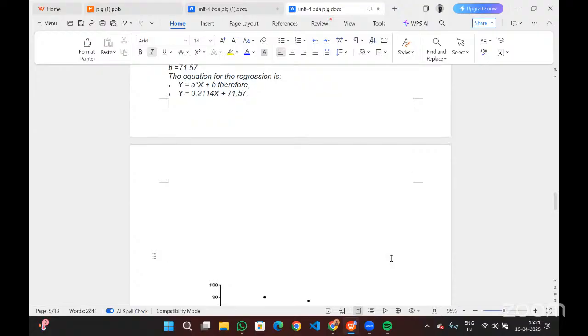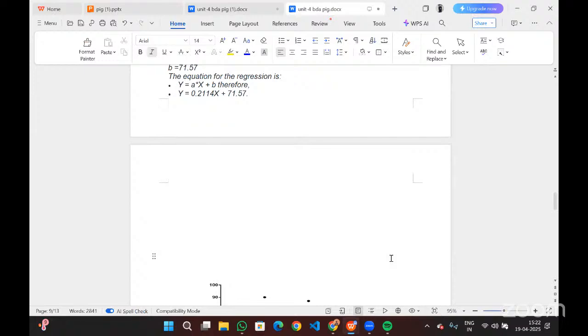A into x. What is x value? 225. Plus b. So a value is 0.211 into 225 plus b is equal to 71.57. Find y value. What is y value now? 119.135, did everyone get it? Now put a graph.